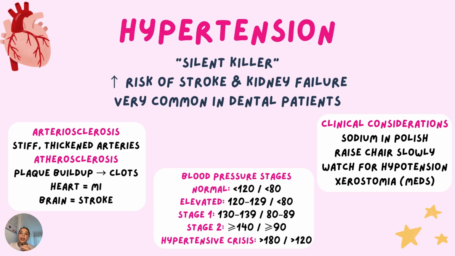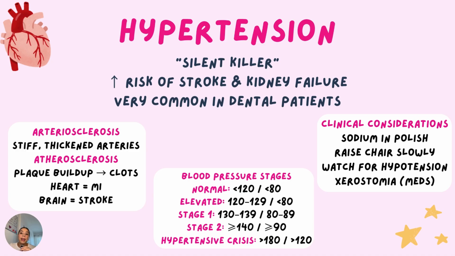Now, hypertension is known as the silent killer because patients can feel totally fine but still be at risk for a stroke or kidney failure. So, arteriosclerosis is stiffness, and atherosclerosis is plaque.